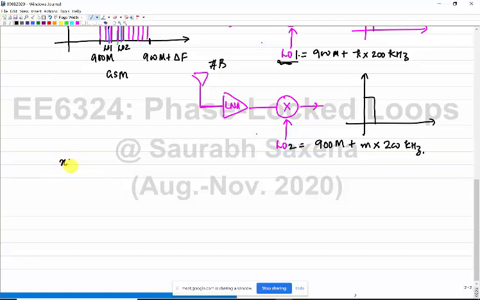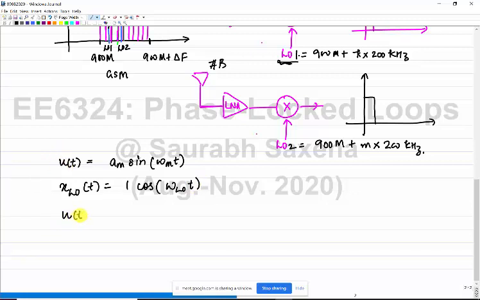Let me just tell you, if your x of t is a signal which is, let us say, A_m times sine of omega_m t, and your LO signal, let me write it as x_LO of t, is going to be cosine of omega_LO t. And when you mix these two signals, let's make it as u.